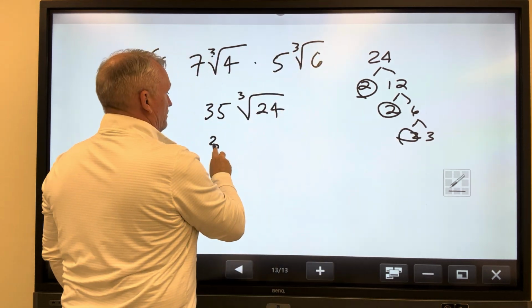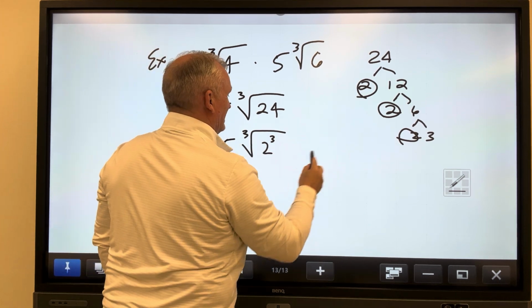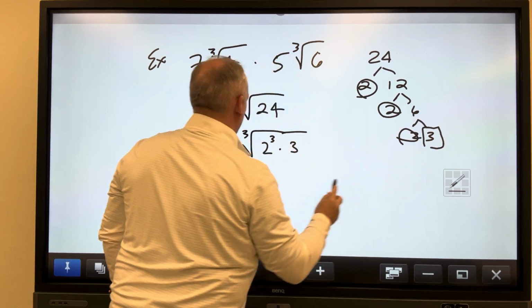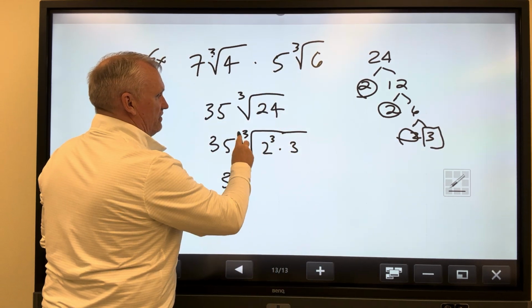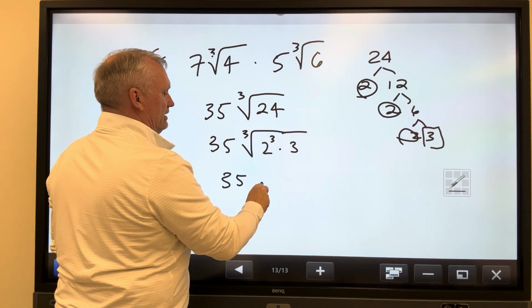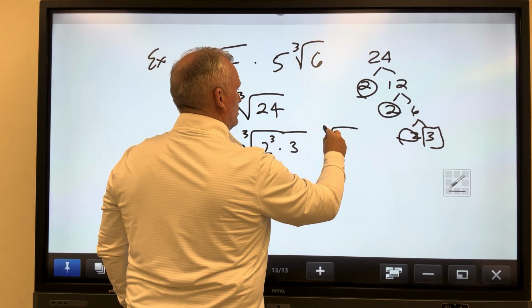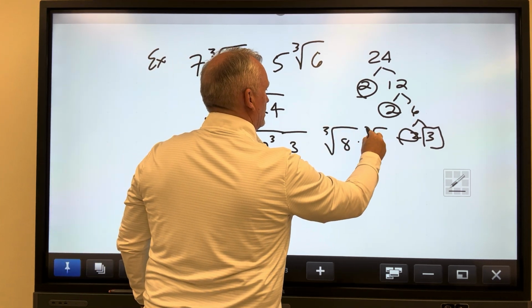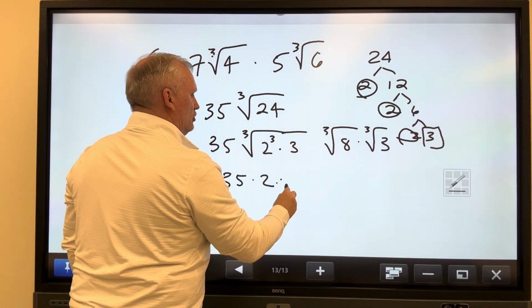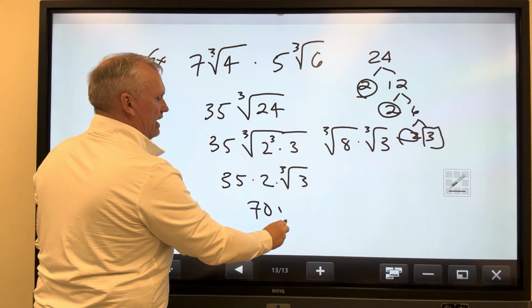Well, this is 3 times the cube root of 2 cubed, or 2, 4, 6, 8, times 3. That's what's left over. So I have this. Well, what happens when I am multiplying these things, I can bring out a 2. Because this is the cube root of 8 times the cube root of 3. The cube root of 8 is 2 times the cube root of 3. Well, now I can just multiply the 2 and the 3.